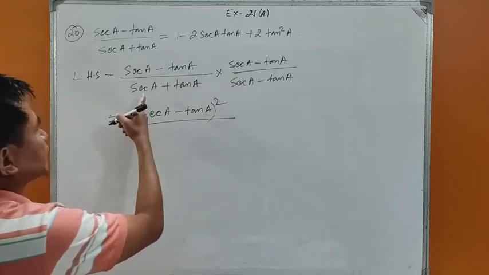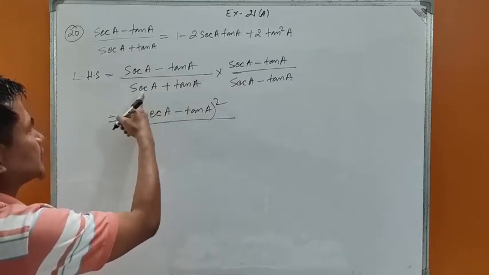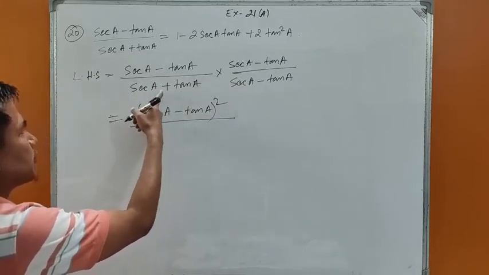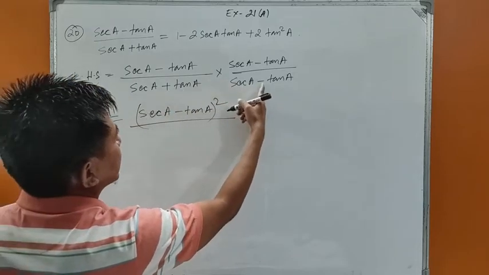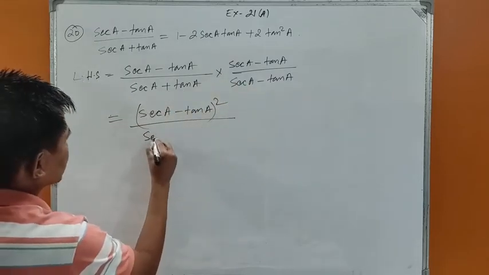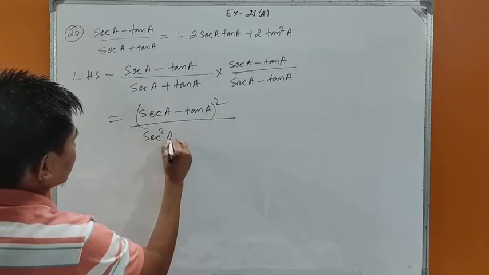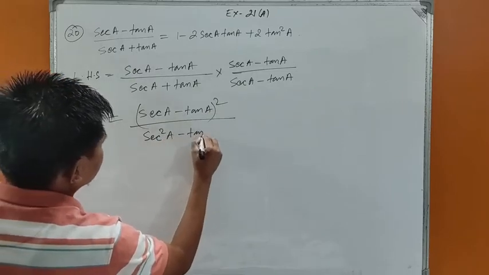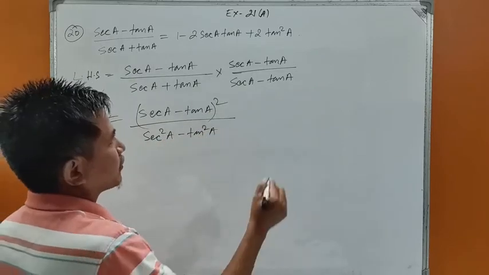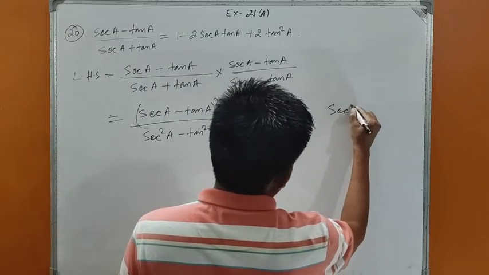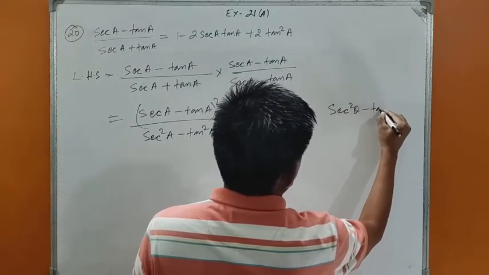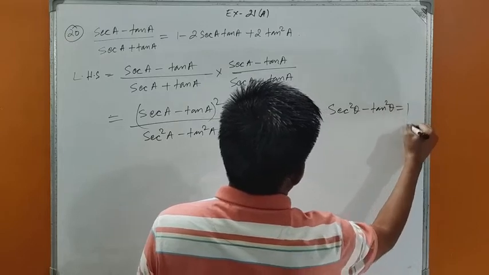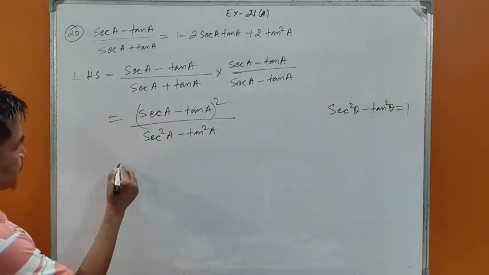In the denominator we have A plus B into A minus B, where A is sec A and B is tan A. This means A square minus B square, sec square A minus tan square A. Now we know the formula, sec square theta minus tan square theta equals 1.